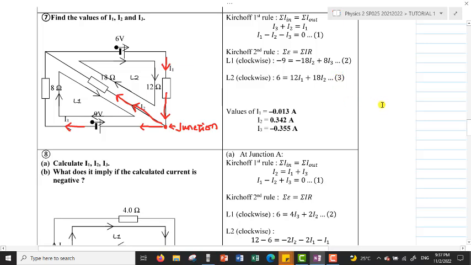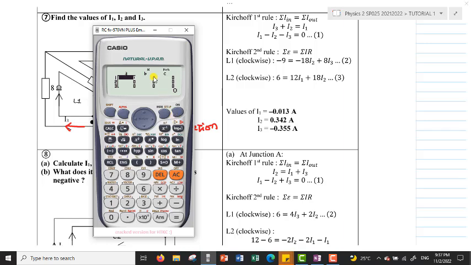So now again, you are going to solve it using the mode equations in your calculator.